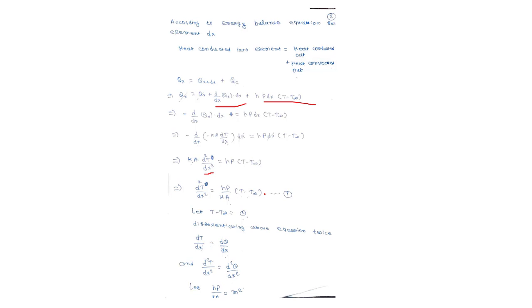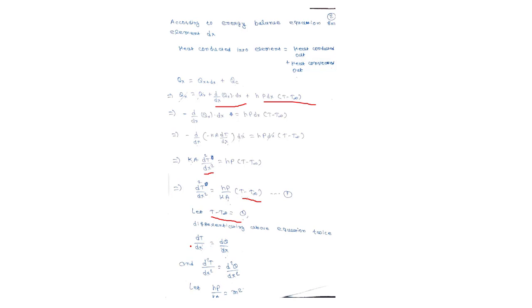Now for simplification in our calculation, we consider T minus T infinity equal to theta. From that we can say that dT upon dx is equal to d theta upon dx.